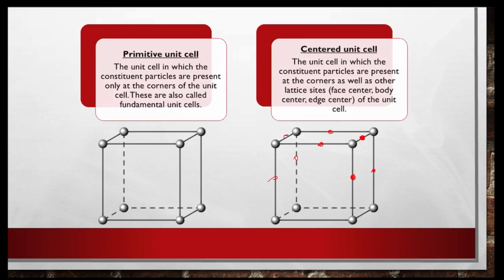So basically your unit cells or crystal systems are classified into 2 parts, primitive and centered. Primitive are nothing but when the constituent particles are present only at the corners of a unit cell. Whereas centered, wherein the other lattice sites are also occupied in addition to corner atoms. That's very important. So basically these are derived. Mind that. Is that clear?